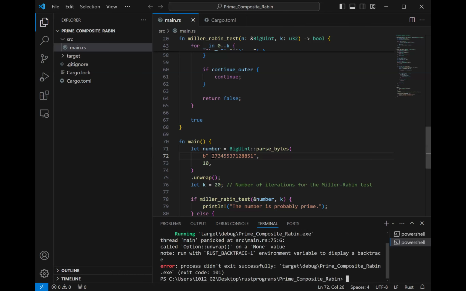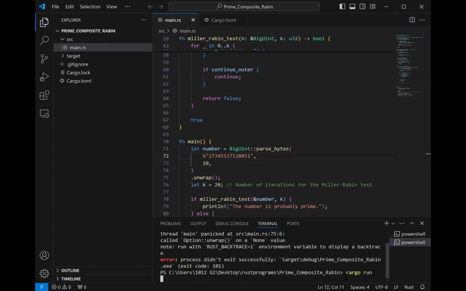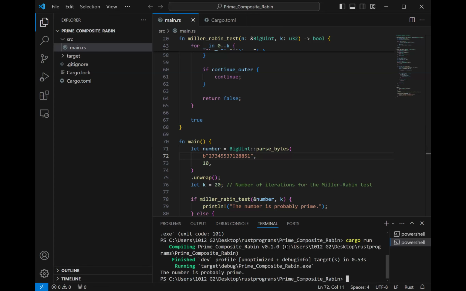There's something I've done, or oh, is this a space? It was that space. I put a space, so it was seeing that space as a number. So it has now run and is telling us the number is probably prime.